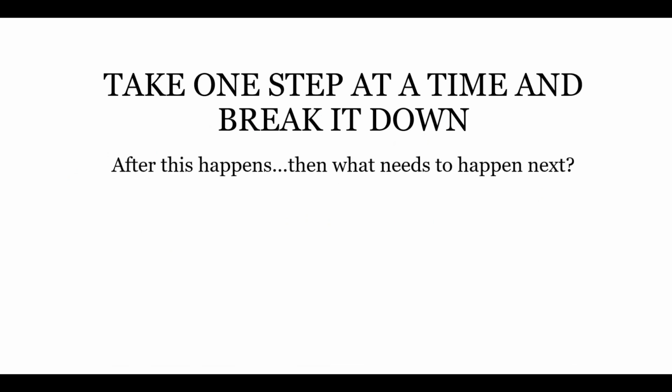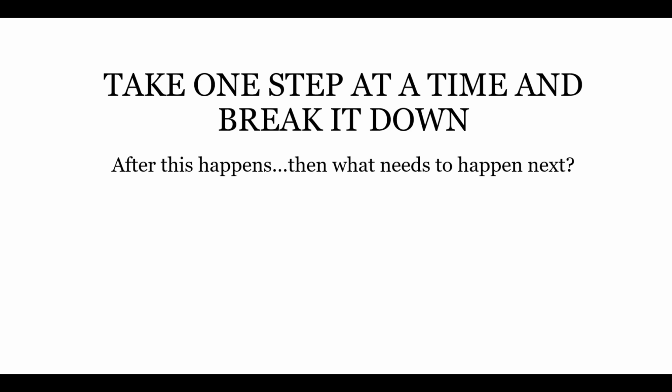So, all you need to do in creating a system is really take one step at a time and break it down. And this is going to be important. This is setting the foundation for when I get into the workflows and automations. You want to ask yourself, okay, after this happens, then what needs to happen next?